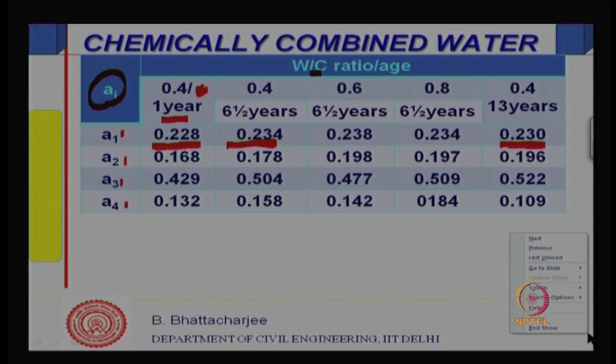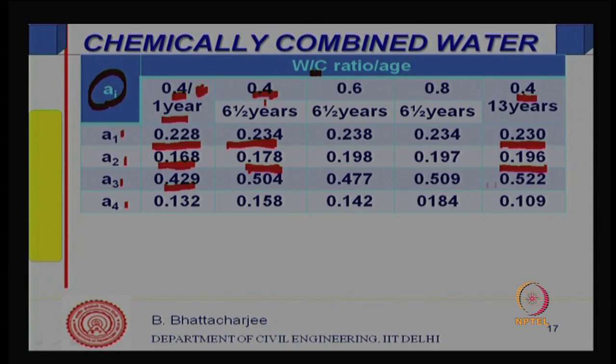So, for complete hydration one can assume 13 years is a very long time, and the tests have been performed on individual compounds in this manner. A2 was for C2S, and in 1 year 0.168 grams of water reacted with 1 gram of C2S. In 6.5 years 0.178, and in 13 years 0.196, all this with 0.4 water cement ratio.